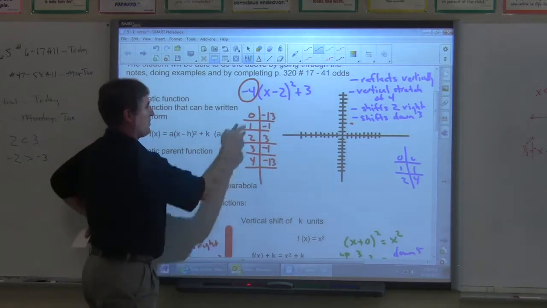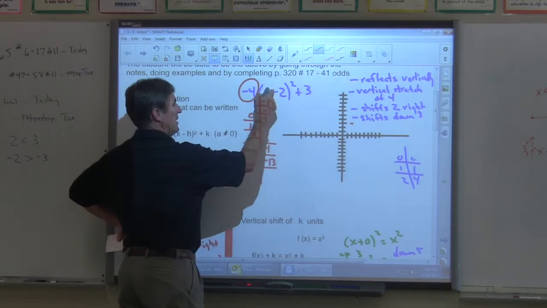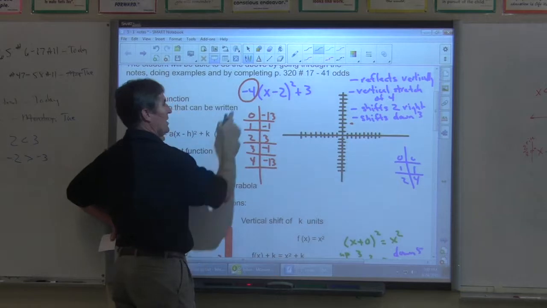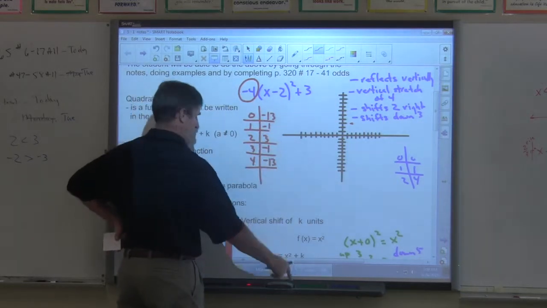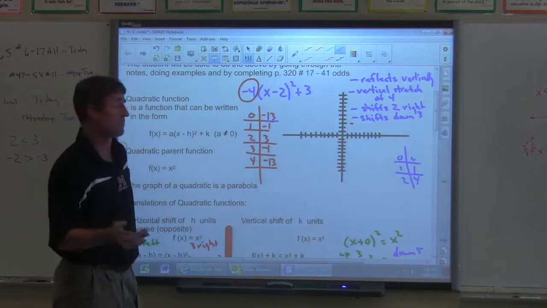Let's check it. Let's plug in 0. 0 minus 2 is negative 2. Negative 2 squared is 4. 4 times negative 4 is negative 16, plus 3. And we get that same exact value. It just saves some time.